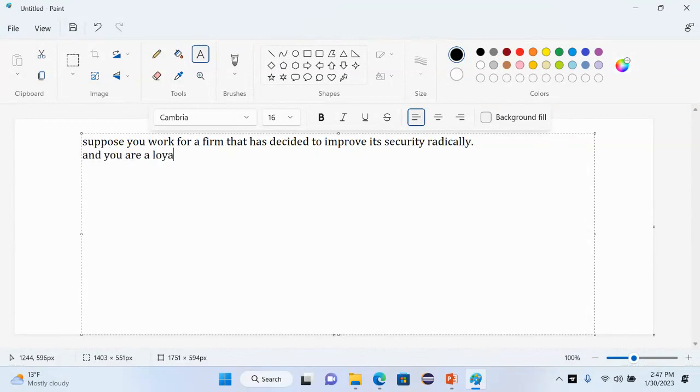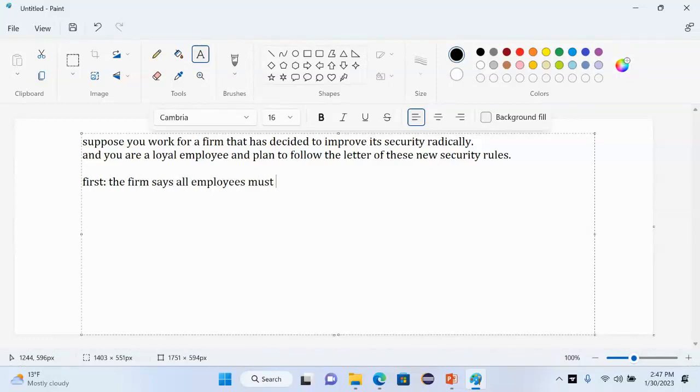And you are a loyal employee and plan to follow the letter of these new security rules, okay? So first day, the firm says all employees must update their password every day, okay? That's a lot of work, right? It's a lot of cognitive load trying to keep that in your head.